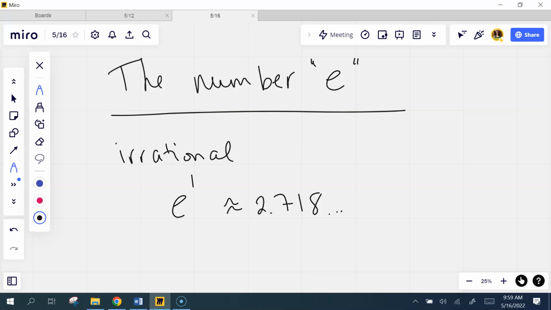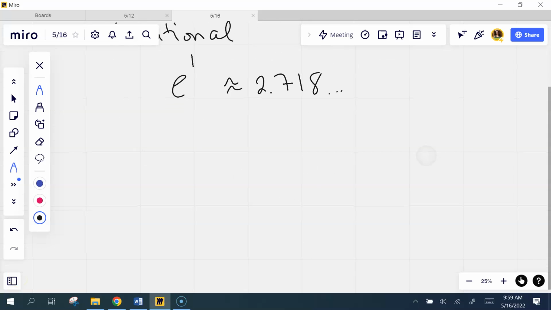Exponential functions with base e are called... I call them exponential functions. Base of e. Remember how I said if you don't have a base written, what's the base that's there? 10.